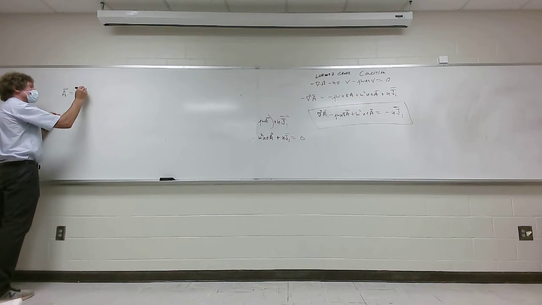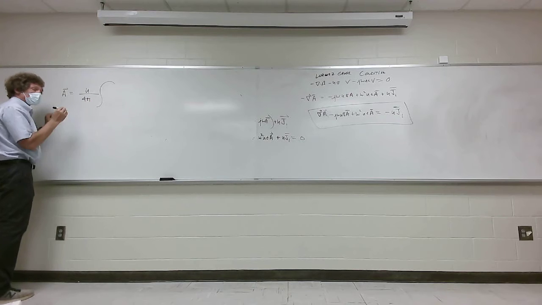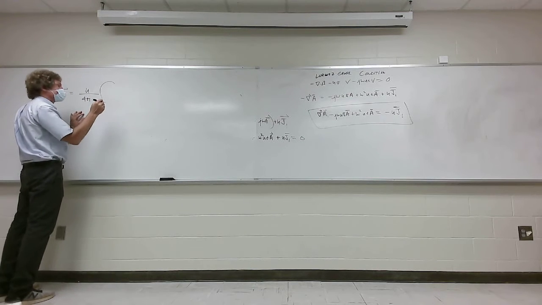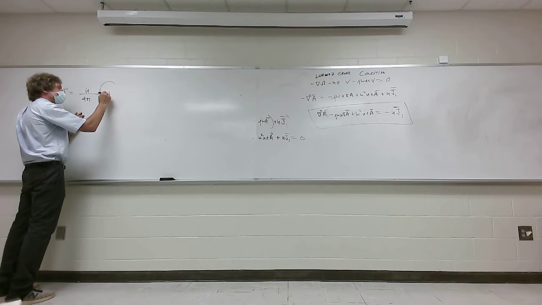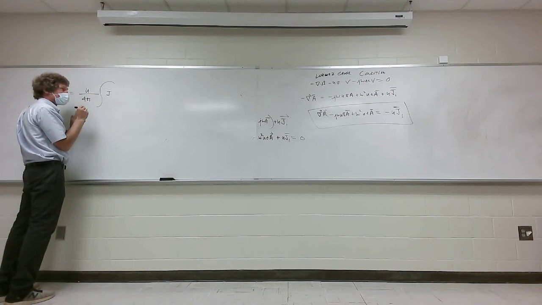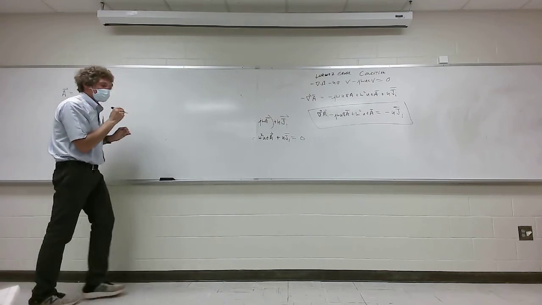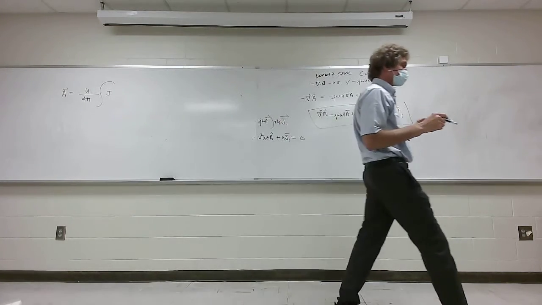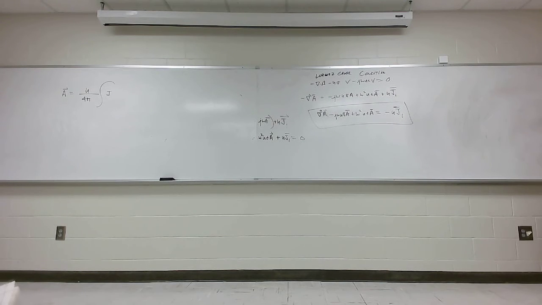I'm not going to solve it. As mu over 4 pi times the integral, you're not going to like this, of J here, and I don't like his notation. I'm just going to tell you it. He shows you this on page 441 as equation 8.38, but it is a nightmare to understand.